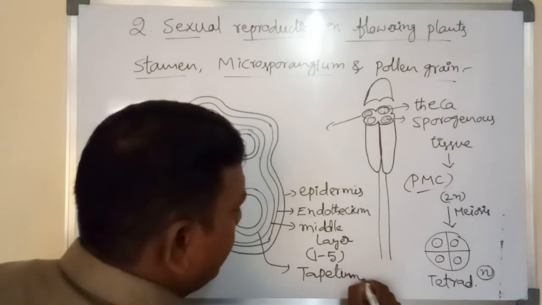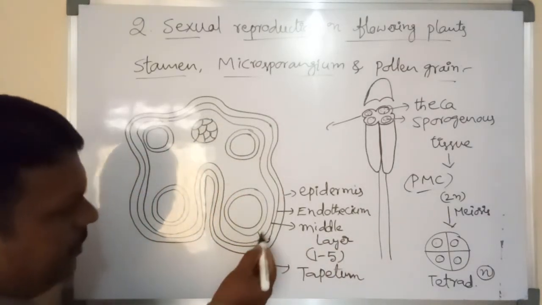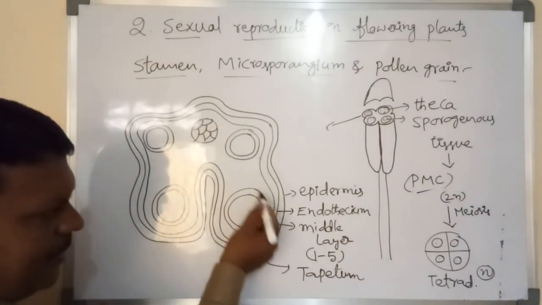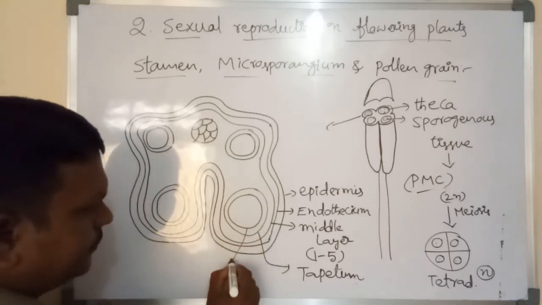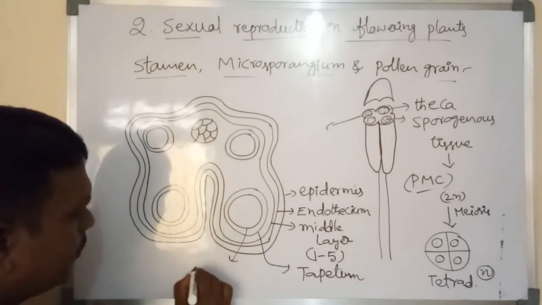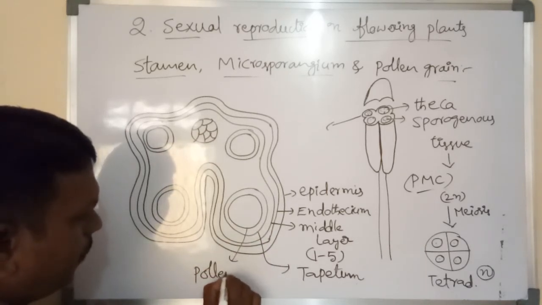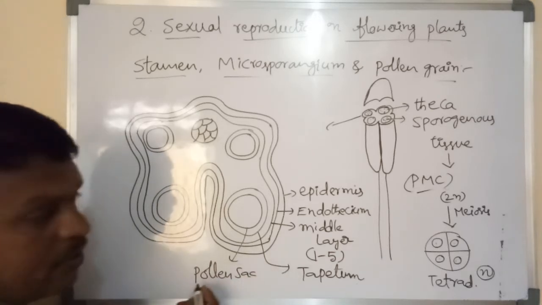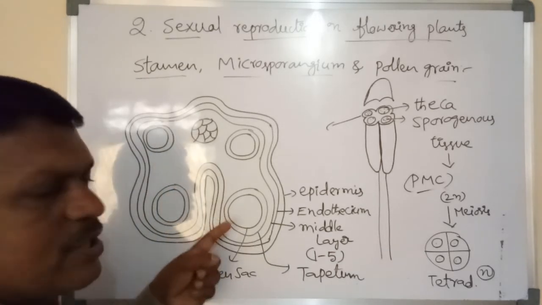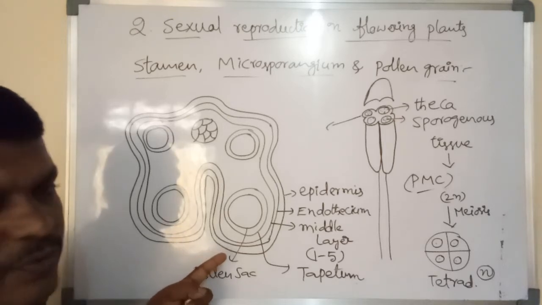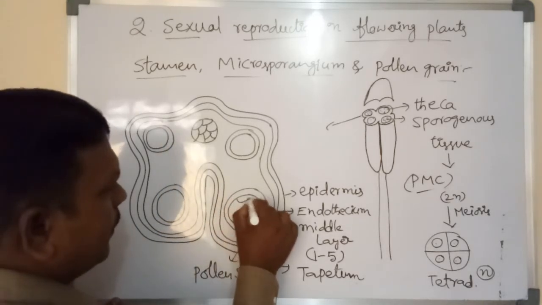And tapetum encloses the pollen sac. I told many times, pollen sac is also called microsporangium or theca. Don't get confused again here. Clear?